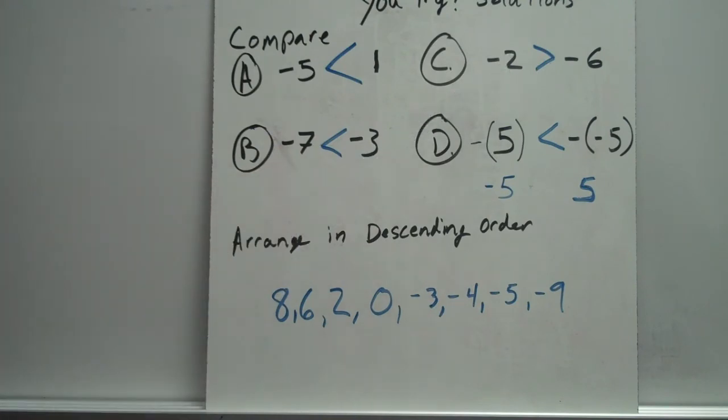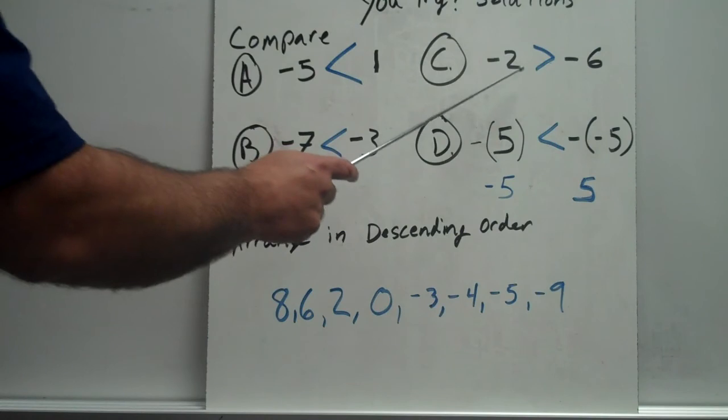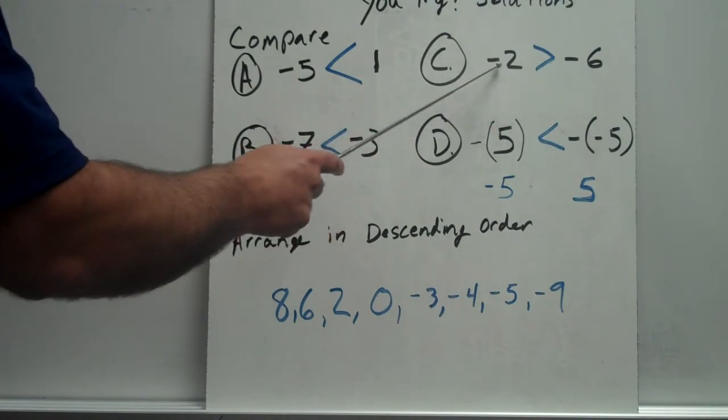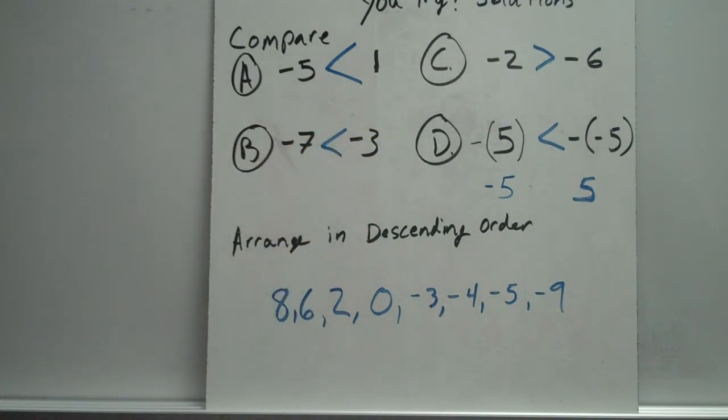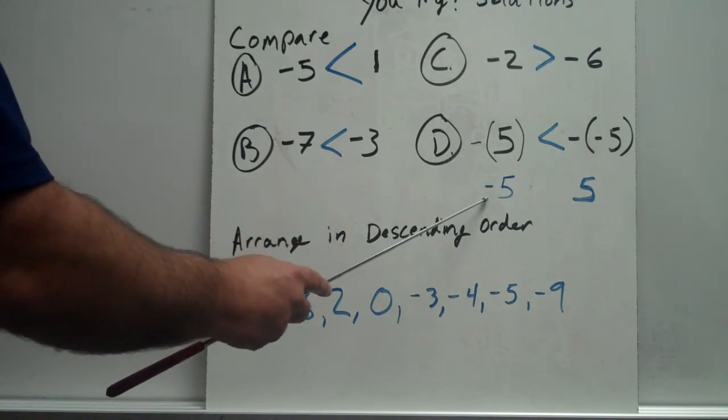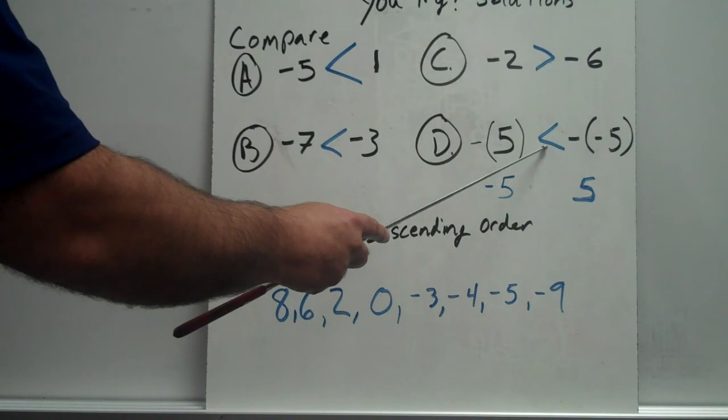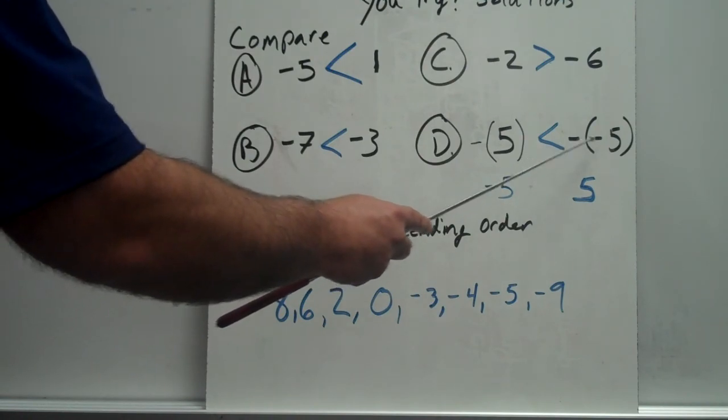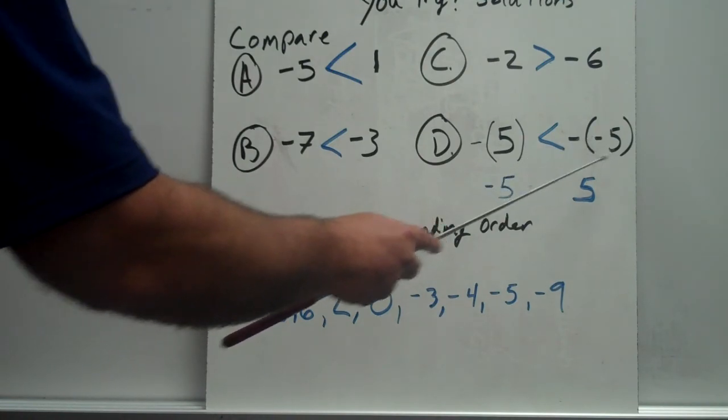Again, with C, numbers further right on the number line are larger than numbers further left. So negative 2 is larger than negative 6. And then with D, the opposite of 5, which would be negative 5, is smaller than the opposite of negative 5. And the opposite of negative 5 would be 5.